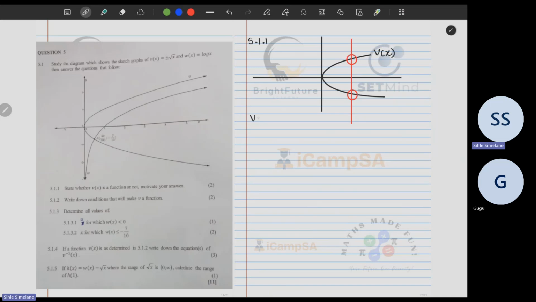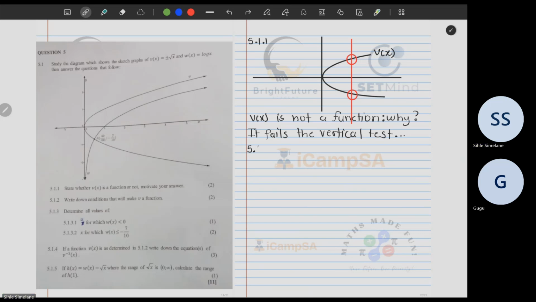We'll just say v of x is not a function, and the teacher will say why, and we know why. It fails the vertical line test. Okay, so this was a giveaway. Let's go to the next question.